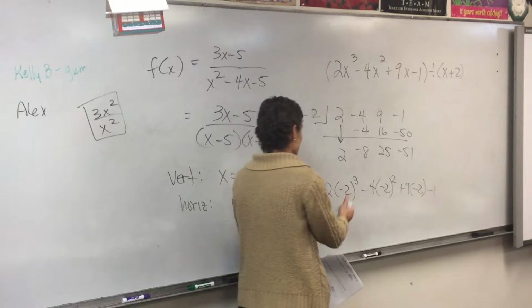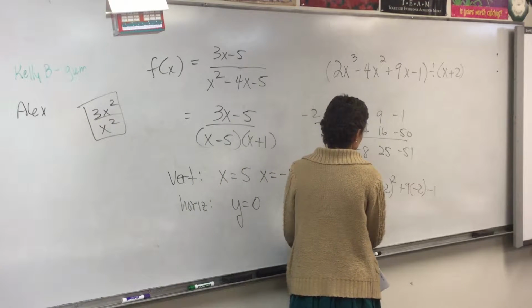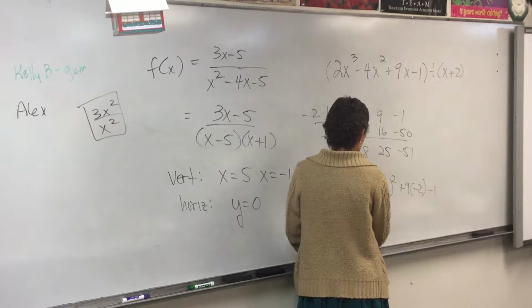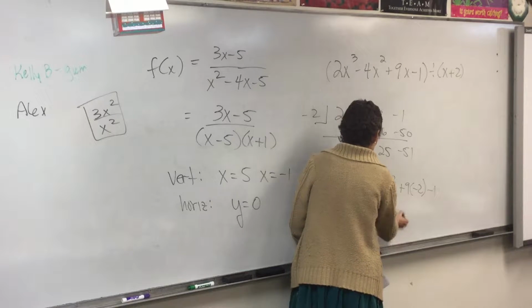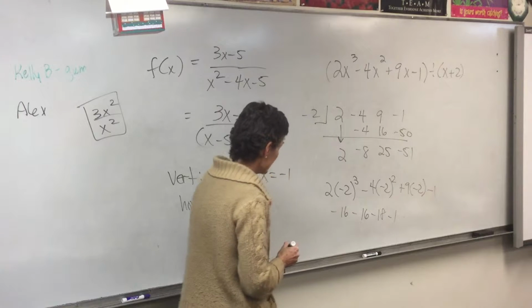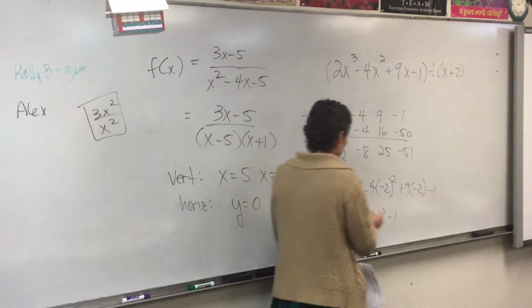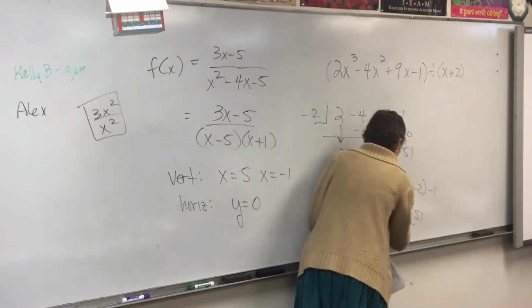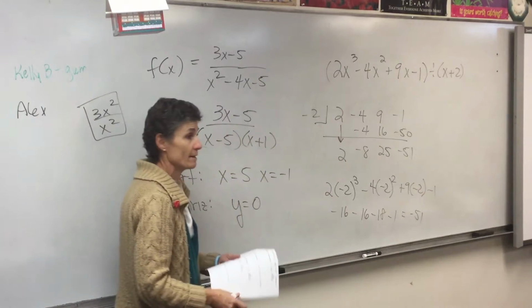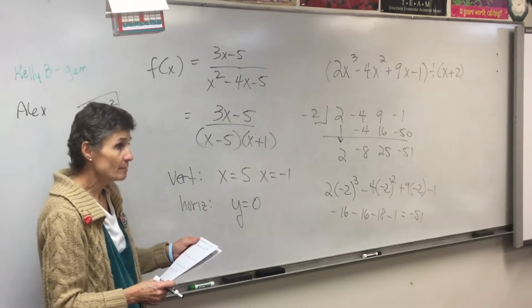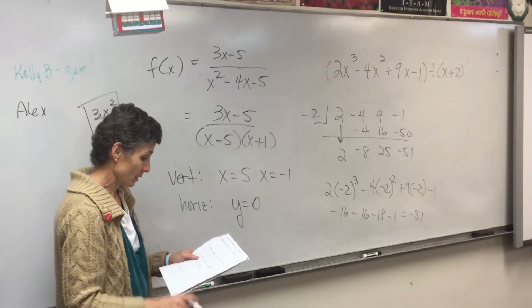So I don't know, maybe some of you are a little bit apprehensive about doing this arithmetic without a calculator. Well, let's see what that is. 3251, -51. There you go. So you can get your remainder either way. Certainly by dividing and also by plugging in.